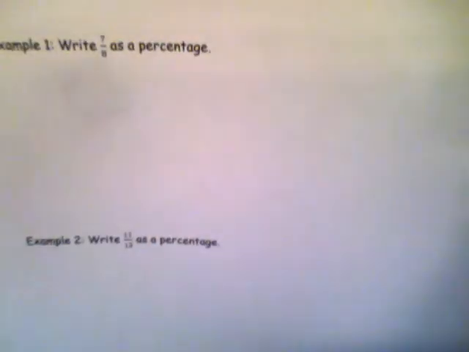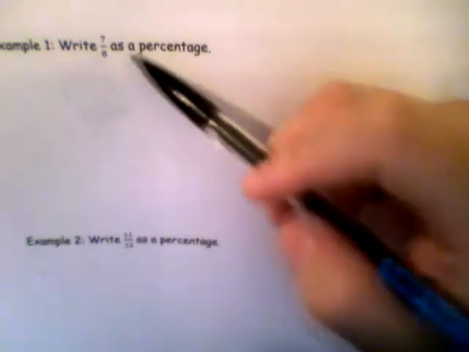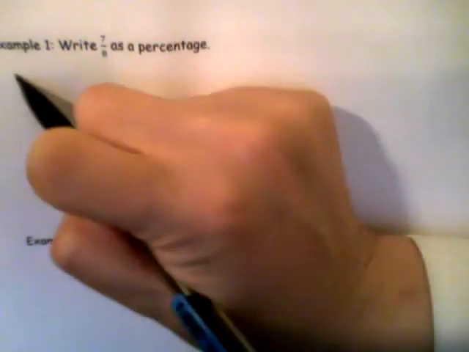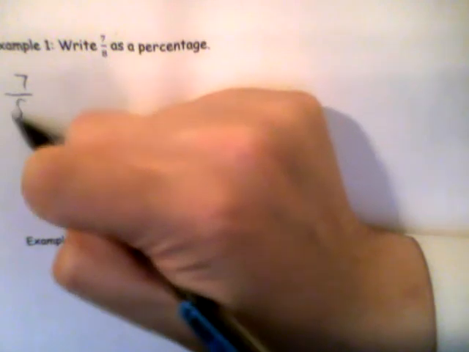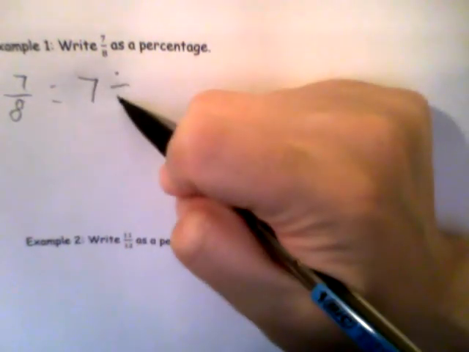So example 1 says write 7/8 as a percentage. To get 7/8 into percentage form, first you have to get 7/8 into a decimal. To do that, all you have to do is 7 divided by 8. Remember that the fraction bar means division. So 7/8 is really the same as saying 7 divided by 8.